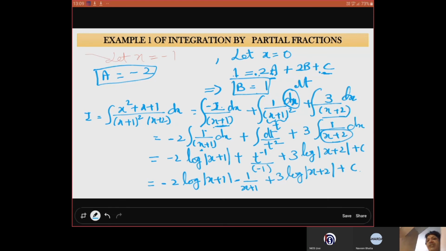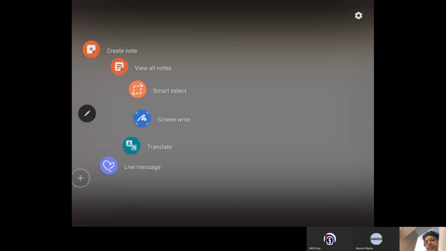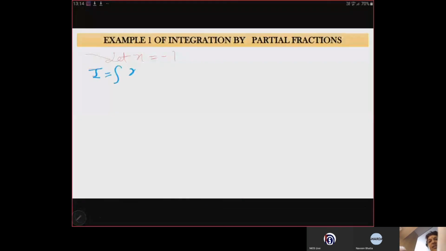Let me just quickly take one more example. Suppose I have to integrate x squared plus x plus 1 upon x plus 2 into x squared plus 1.